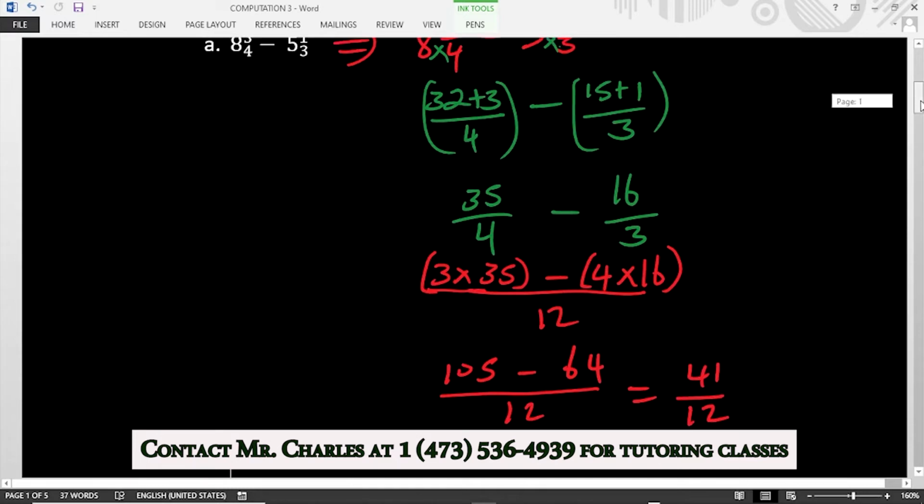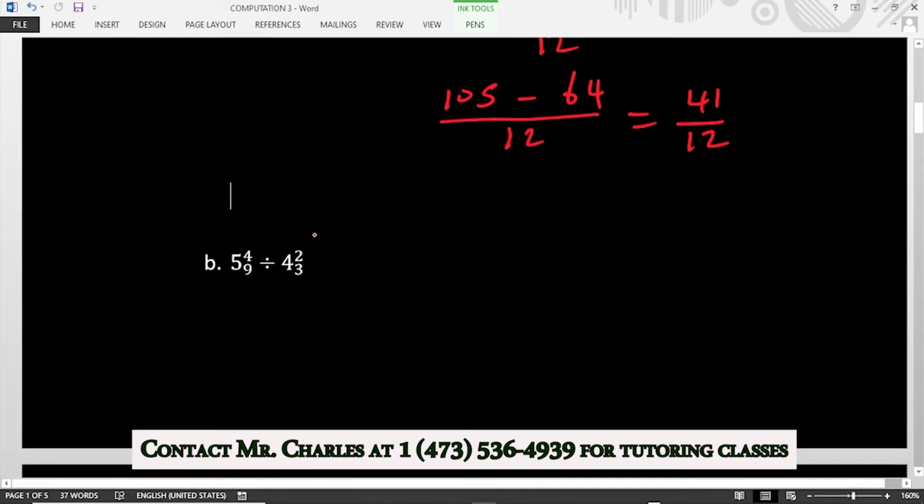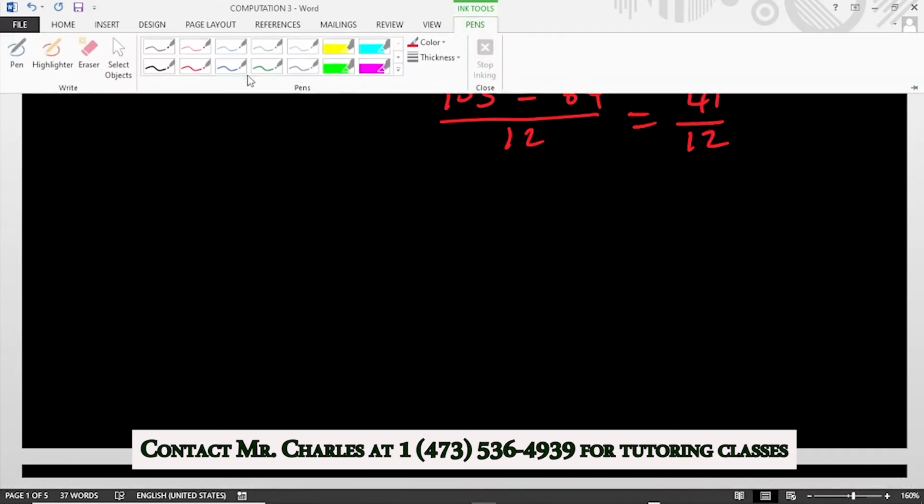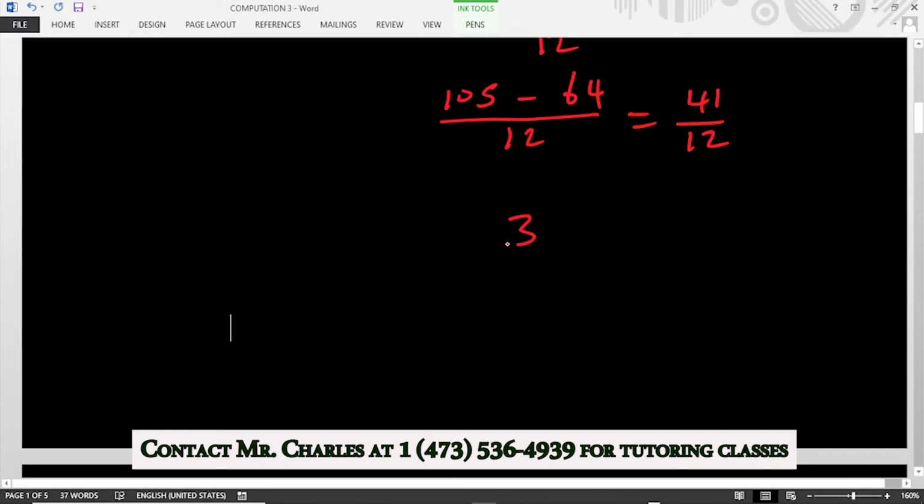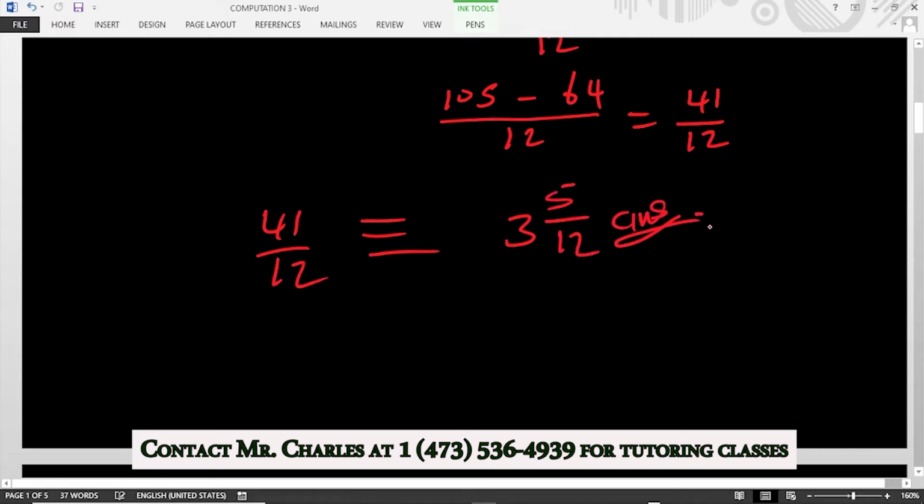Now 41 over 12 is an improper fraction, and we can convert it to a mixed number. 12 can go into 41 3 times, because 12 3s are 36, and 36 and 5 is 41, so 3 and 5 over 12, and that's our answer for number 1.